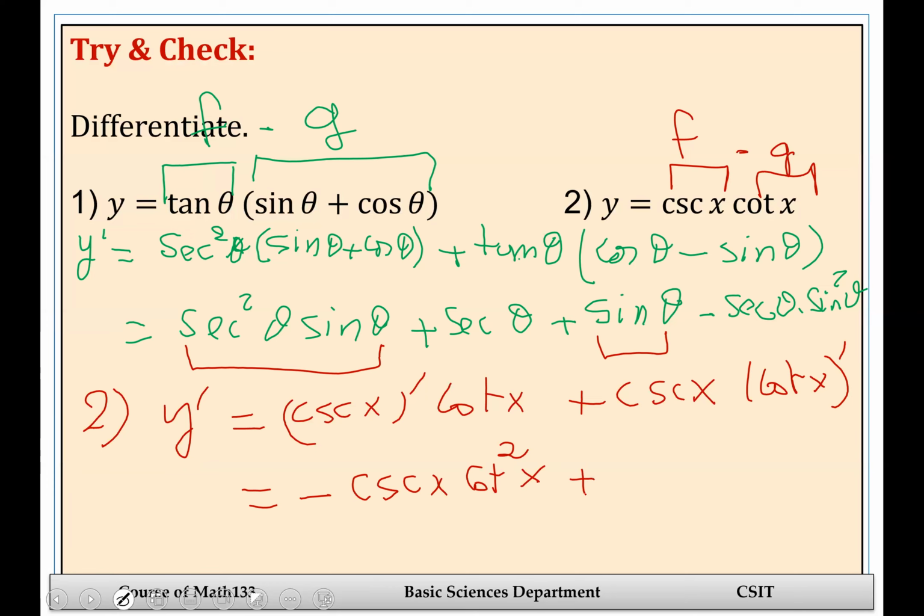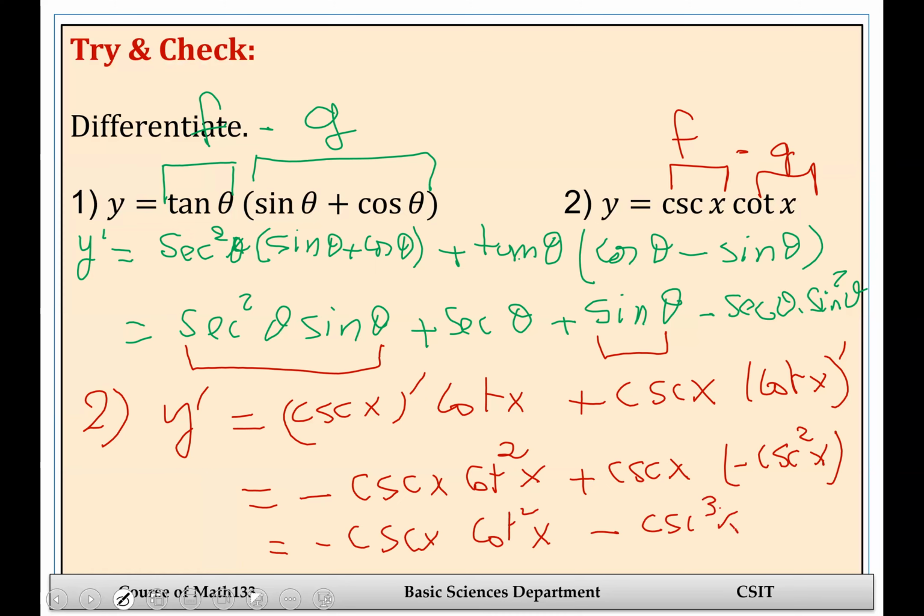And the second one plus cosecant x times the derivative of cotan, which is minus cosecant square x. Okay, so in final you will have minus cosecant x cotan square x minus cosecant cube x. We can continue and work a little bit on this.